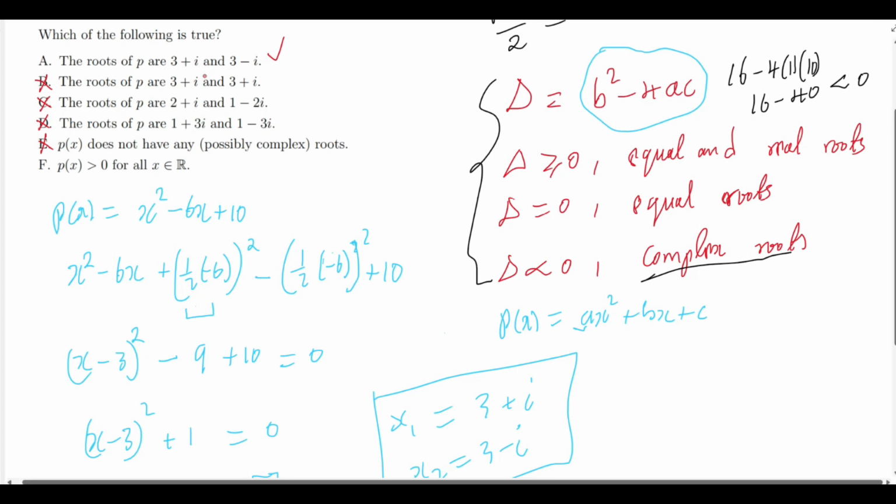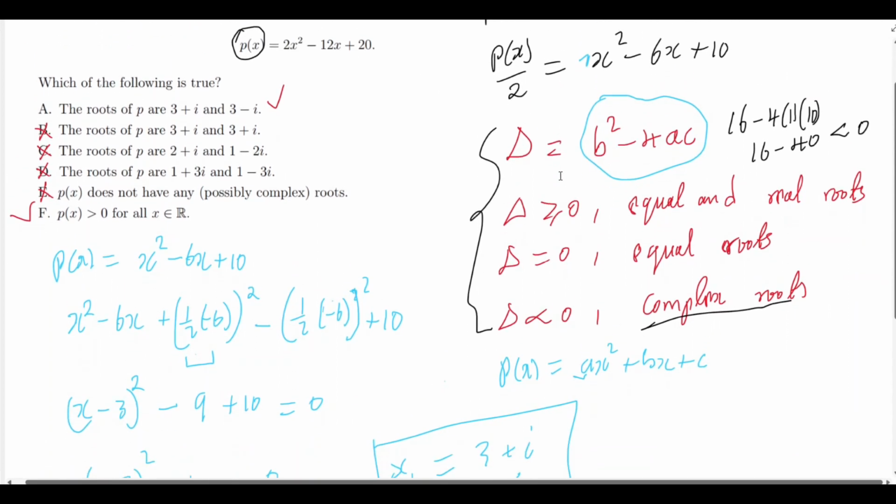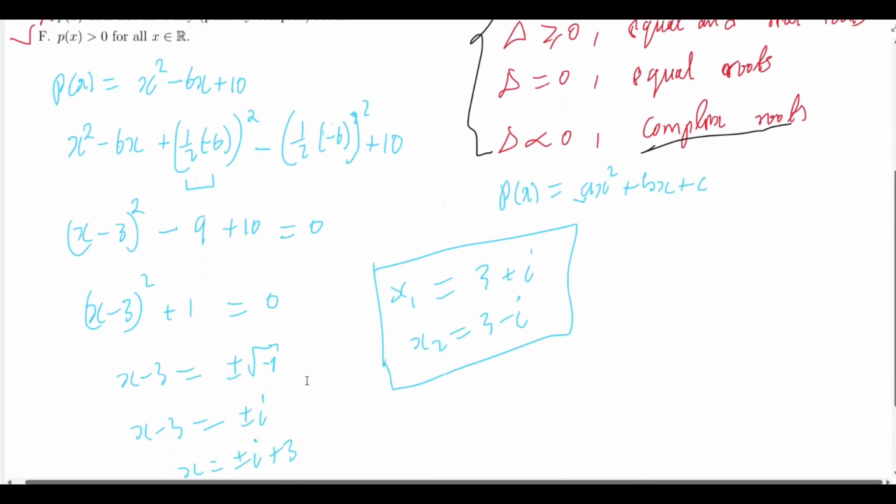And F says p of x is greater than 0 for all x belonging to the set of real numbers. I think this is correct. Our function is always positive, no matter the value we choose.